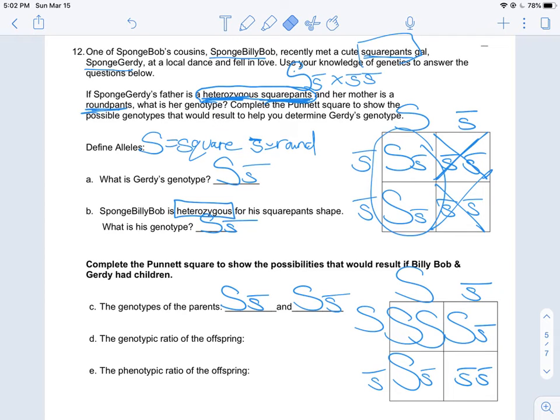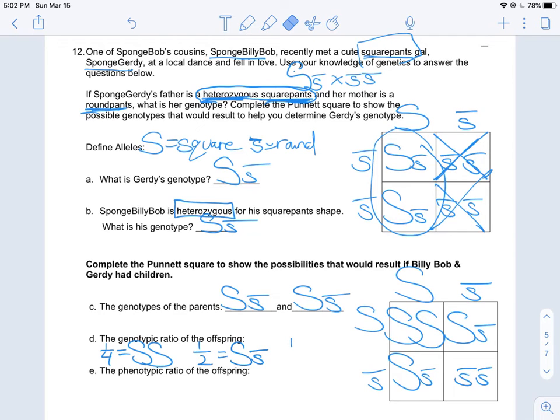So 1/4 of the offspring will be big S, big S. Now remember, I got that number because one box is big S, but I have a total of 4 boxes. So the 1 is on top of my fraction and the 4 is on the bottom. All right, 1/2 or 2/4 is heterozygous.